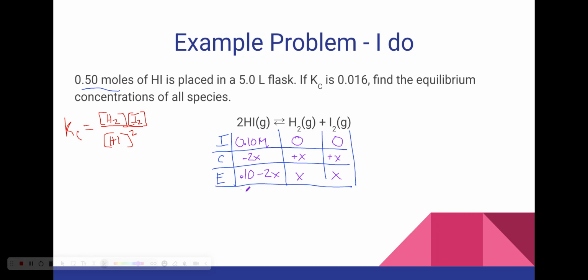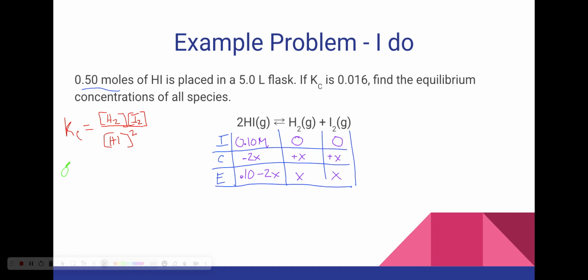Now we have our equilibrium concentrations: 0.10 minus 2x for the equilibrium concentration of HI, and x for both H2 and I2 respectively. We're going to throw these values into our equilibrium expression now and solve for x.